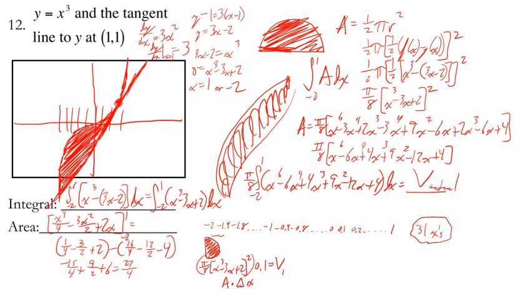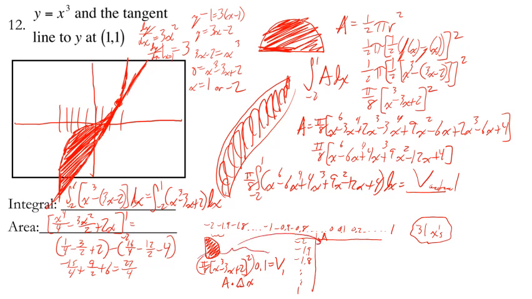Okay. So what I'm going to do is make a whole spreadsheet. I'm going to put all my numbers in there: -2, -1.9, -1.8, all the way down to 1. Now I'm going to plug in the area for each one, and the area is going to be this whole thing that I just found.